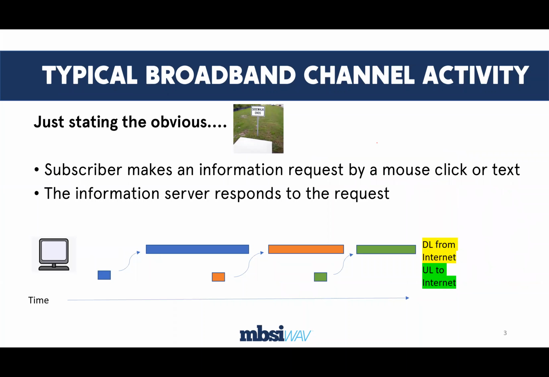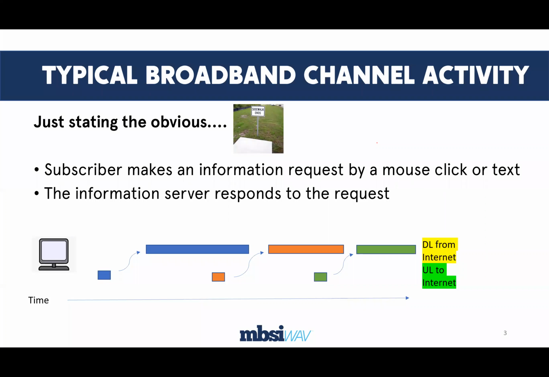All right. So typical internet traffic. Again, I warn you, this is very, very simplified. But typical internet traffic is a series of requests and responses. Over time, subscribers to your network will click their mouse and generate a request for information to some point out on the internet, and that point might answer, or it might forward it on to somewhere else that answers, or who knows what happens.